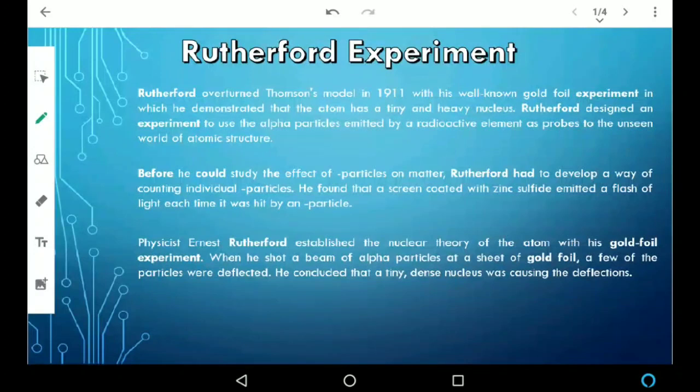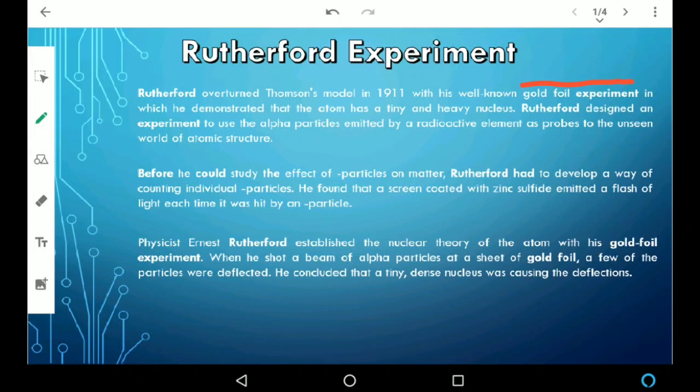So, what was the beauty and what was the history of this experiment? See, this experiment was first performed in 1911, where Rutherford used a very thin sheet of gold foil. That's why this experiment was also known as the gold foil experiment, where he demonstrated that atoms may have a tiny and a heavy nucleus.